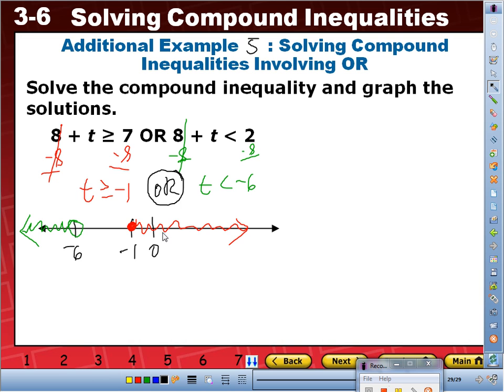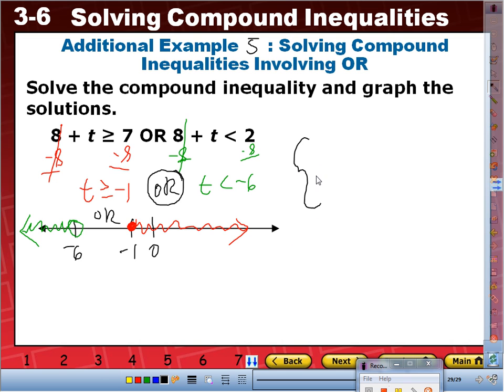That means it could be one or the other. Could it be both? No, because they do not intersect. Everybody got it? That's why these are known as or. They're not intersecting. So my solution set, the set of all t such that, t is greater than or equal to -1 or t is less than -6. Copy that, please.